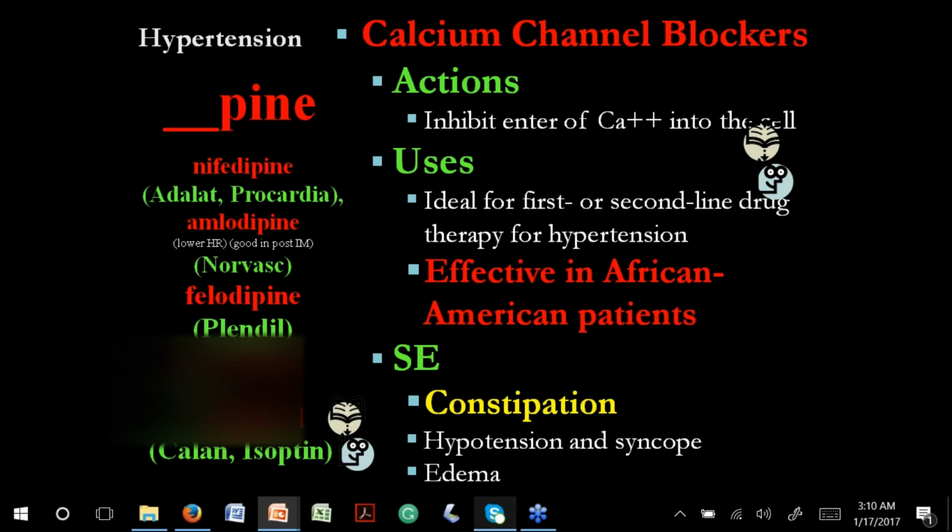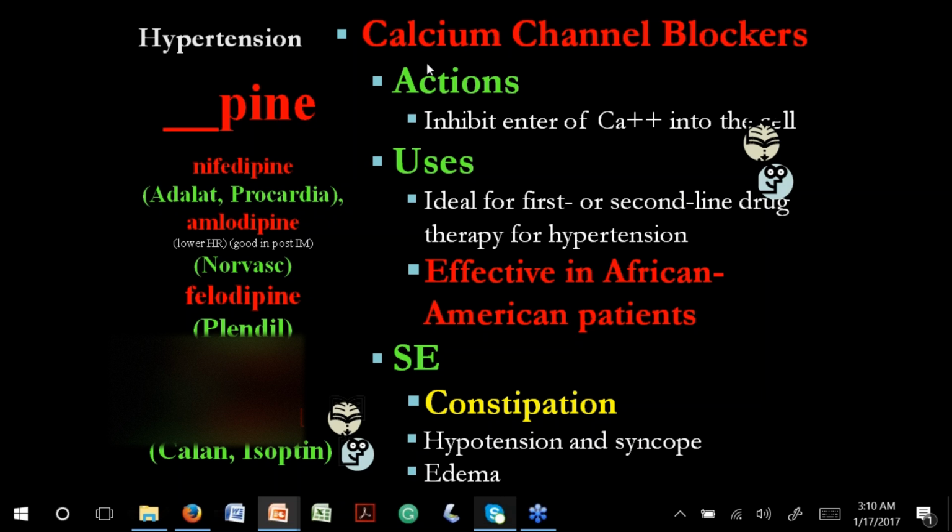So not all cells are going to contract because they don't have enough calcium. That's why the contractility is going to diminish. That means the peripheral resistance goes down and the blood pressure goes down.